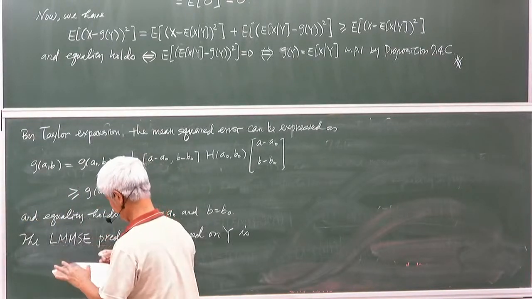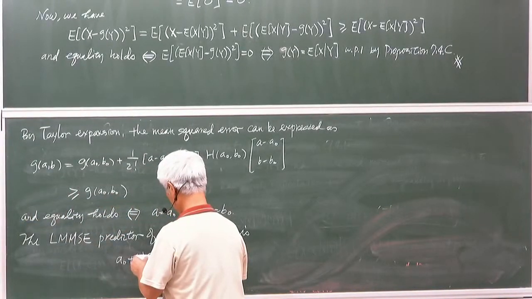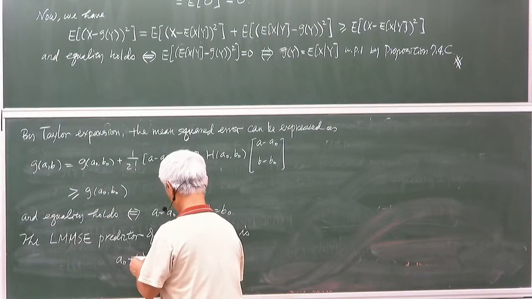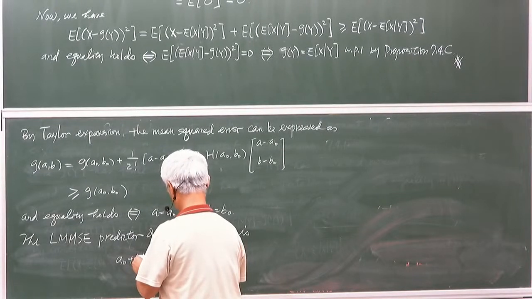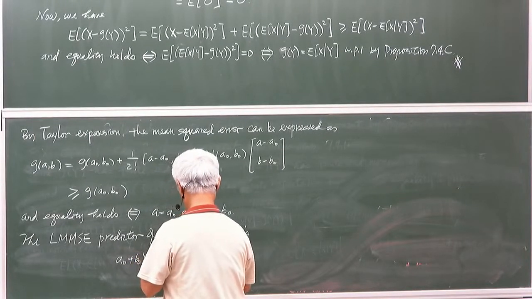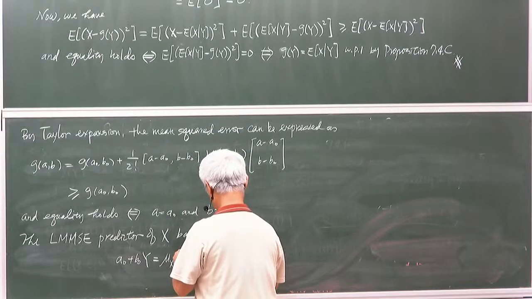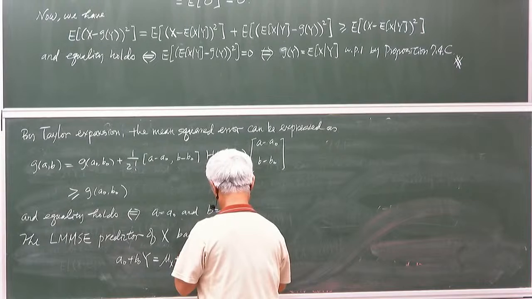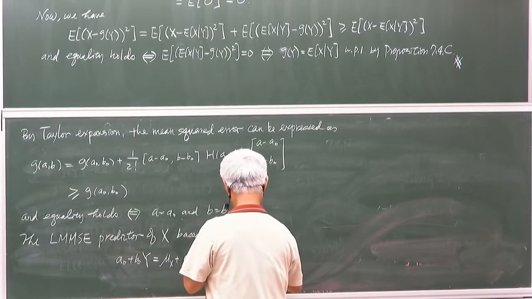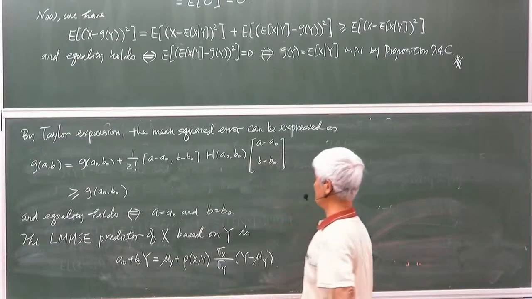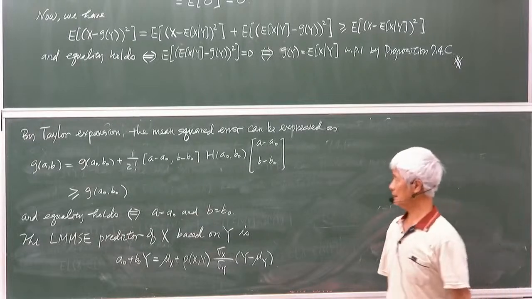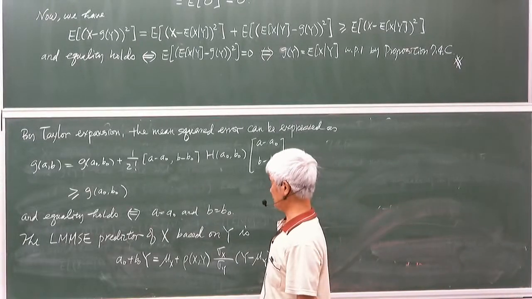So this is equal to mu x plus rho xy sigma x over sigma y, times y minus mu y. Okay. So this is our best linear predictor.